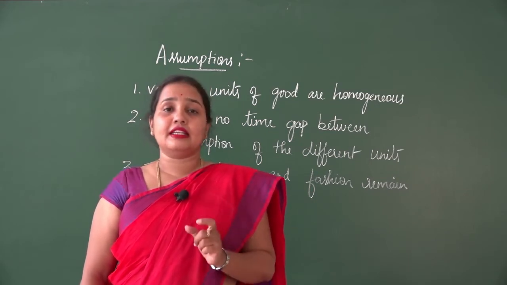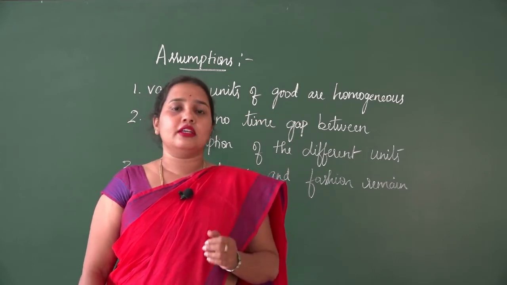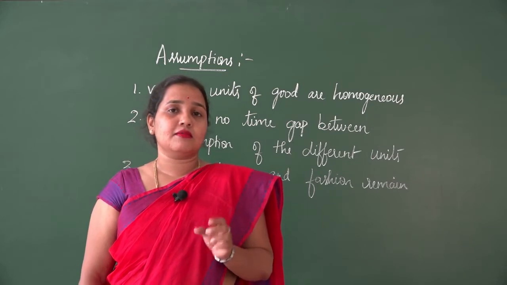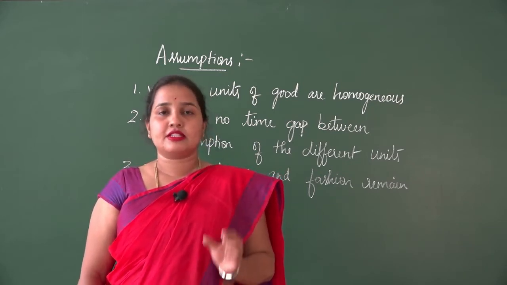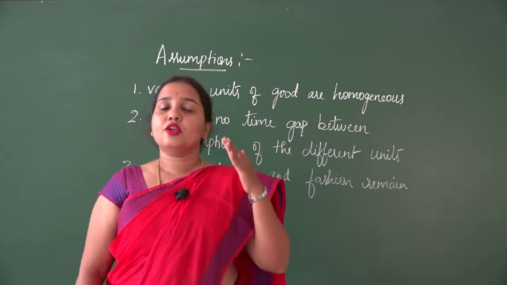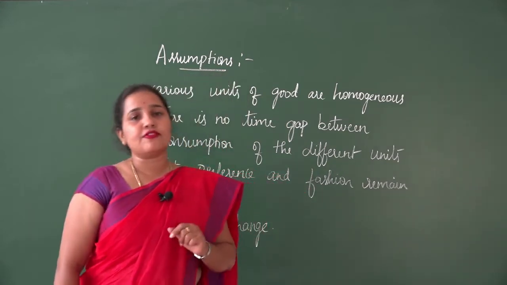That means identical. Homogeneous is nothing but similar or identical. They must be the same in shape, size, quantity and so on. Therefore, the various units of goods must be homogeneous is the first assumption.